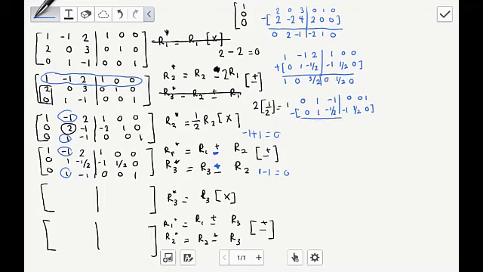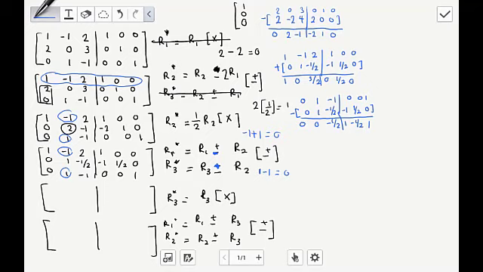So we will be getting 0, 0. Negative 1 minus negative half would be plus half, so we will be getting negative half here. 0 minus negative 1, so we will be getting 1, negative half and 1. So that's your new row 1 and row 3.